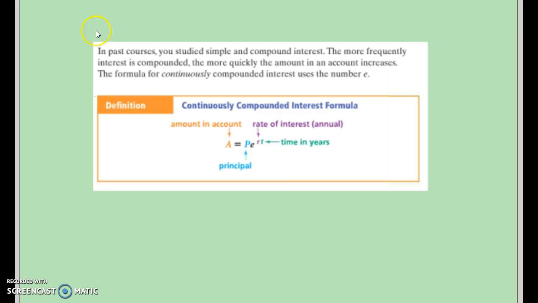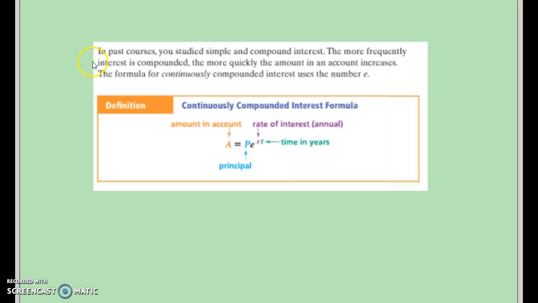Okay, so hopefully you've seen with money simple and compound interest. Mostly interest is compounded, and the more often it's compounded, the more quickly it increases. The difference is that with simple interest, you only make interest on the amount of money that you put into the account. With compound interest, the interest that you make is added into your account, and then you make interest on the interest you've already made.